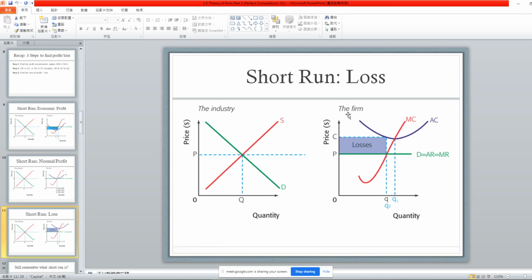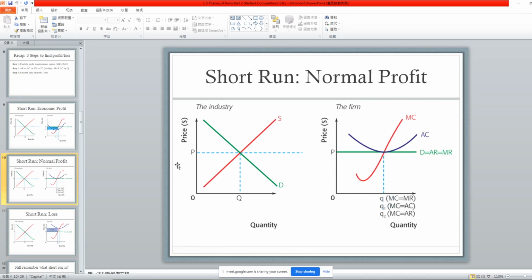And so it is when you are earning a loss, because productive efficiency is at Q1 and you are producing at Q. So you can only achieve productive efficiency when you are earning a normal profit.